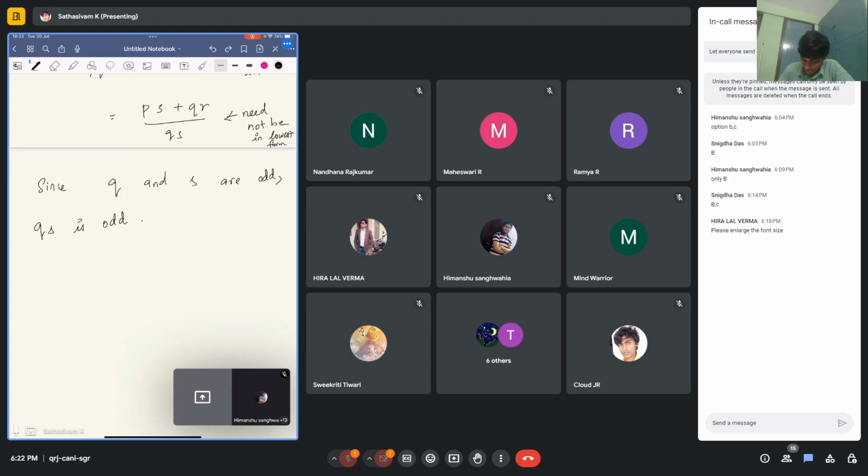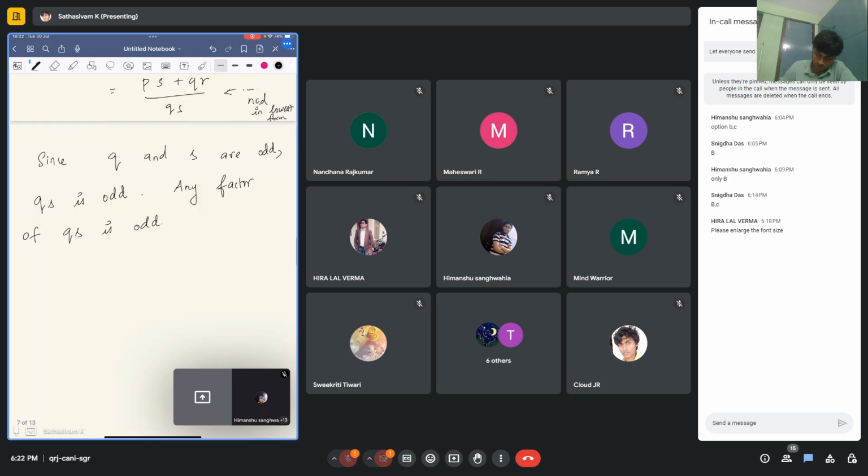Since qs is odd, any factor of qs is odd, because 2 does not divide qs, so 2 does not divide any of its factors.